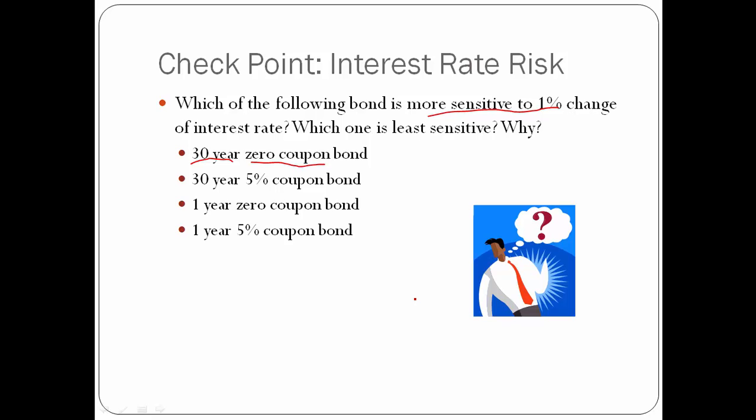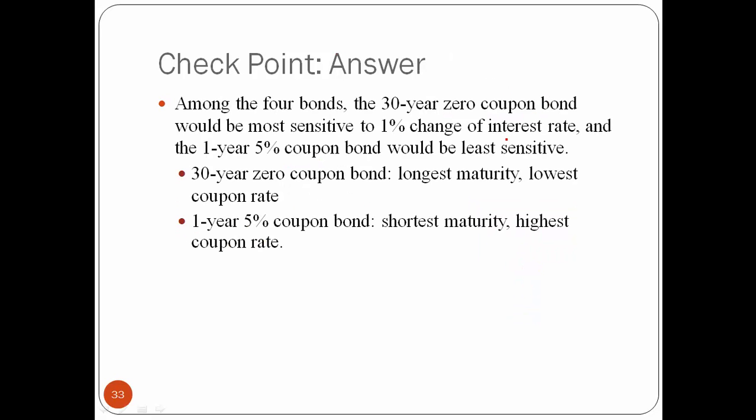So this one has the highest interest rate risk, or say will be most sensitive to the 1% change of interest rates. Which one among the 4 will be least sensitive? Well, that would be the one with shortest maturity and highest coupon rate. So that would be the 1-year 5% coupon bond. Okay, so the answer is provided here. And so you get the idea.